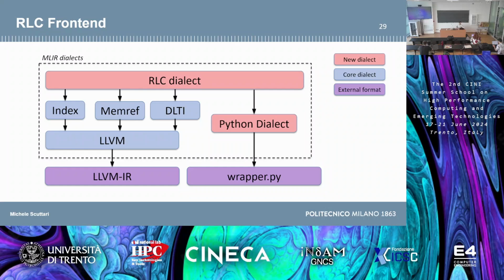And then on the side, we have a very small dialect to express a Python wrapper. From RLC, we can emit the object file that represents the library that includes all the rules, and then the wrapper to make it compatible with machine learning tools.